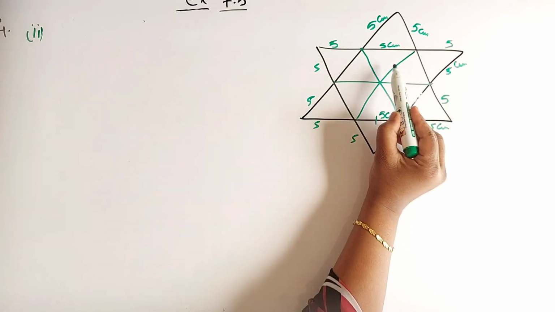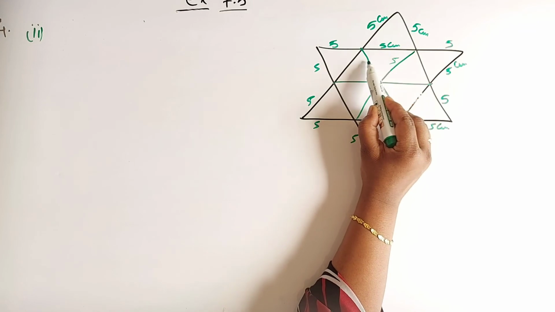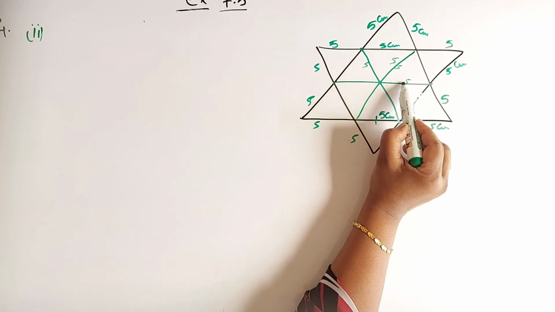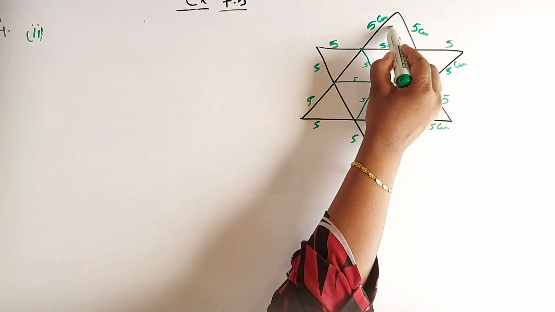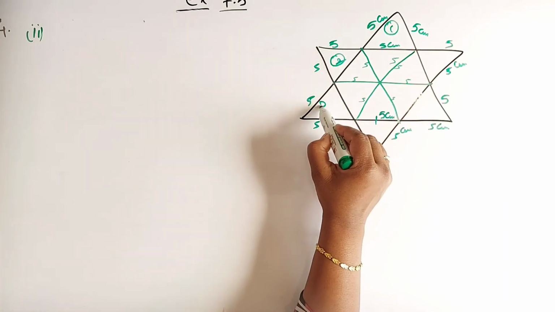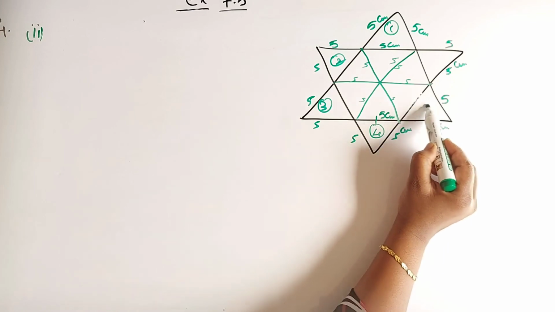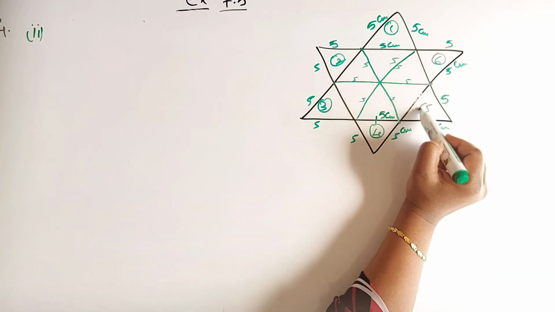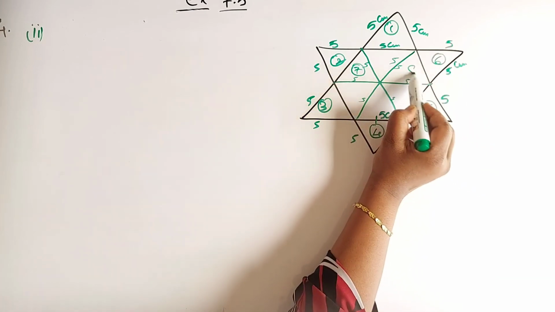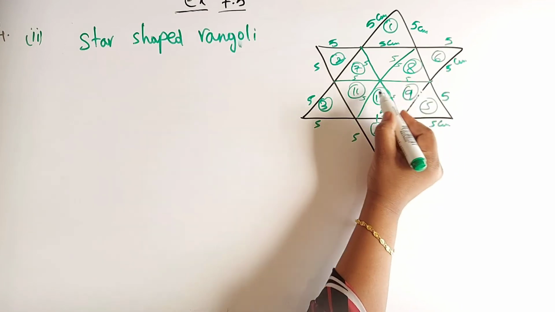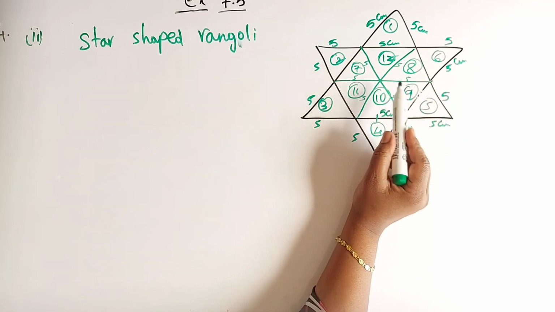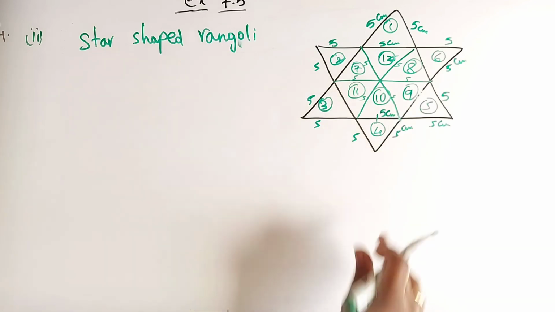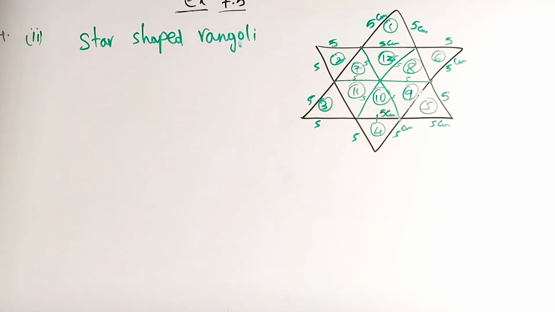If you observe, these triangles also are 5 centimeters only. Correct. Now how many equilateral triangles are there? 1, 2, 3, 4, 5, 6 outside and 7, 8, 9, 10, 11, 12, children. Totally 12 equilateral triangles are there for this star shaped rangoli, children.